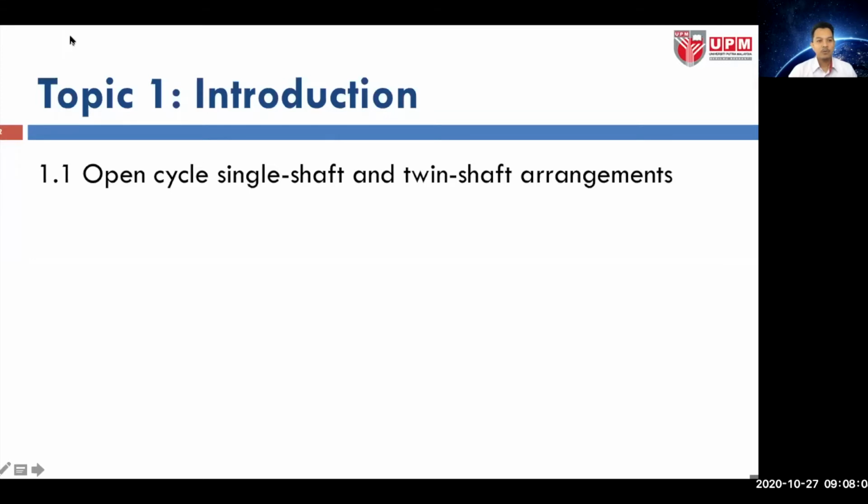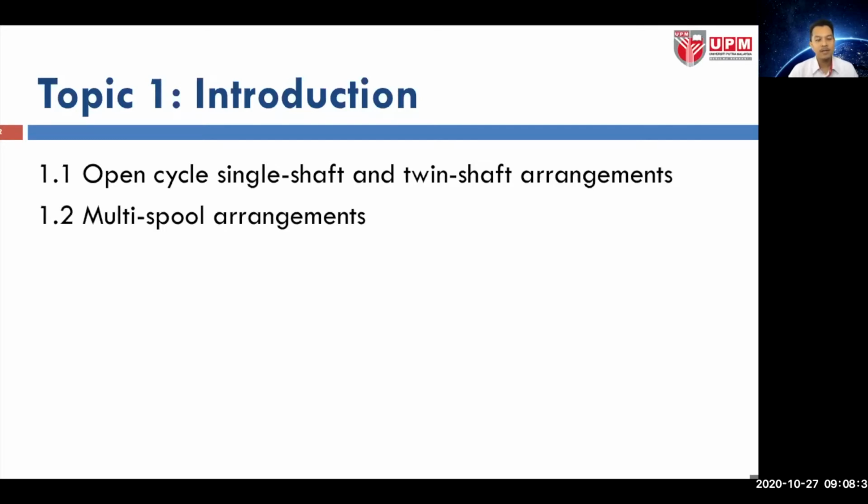So for today, we are going to look at the introduction for air breathing engine, and there are a few subtopics under the introduction section, where the first one is open cycle, single shaft and twin shaft arrangements.